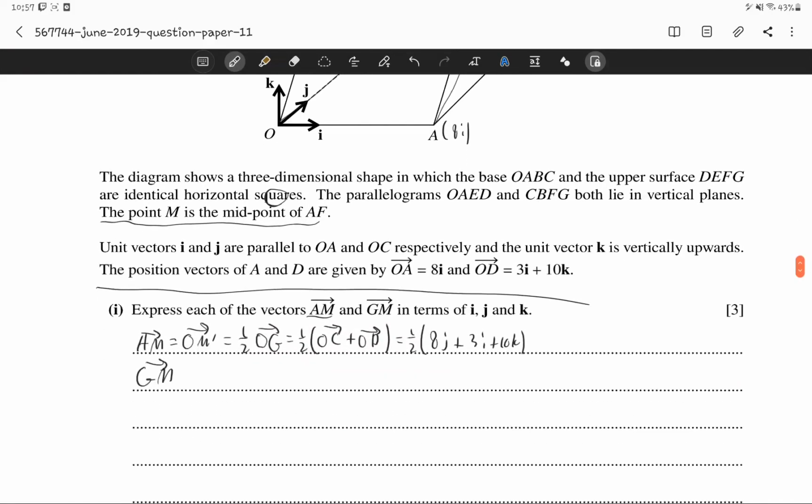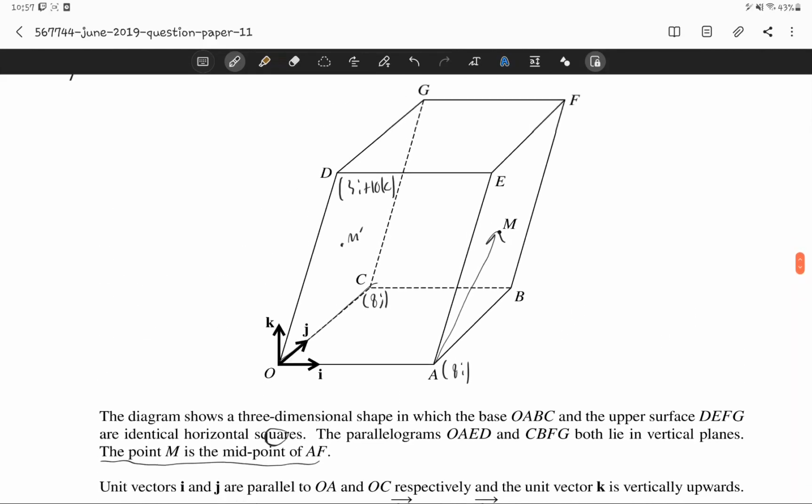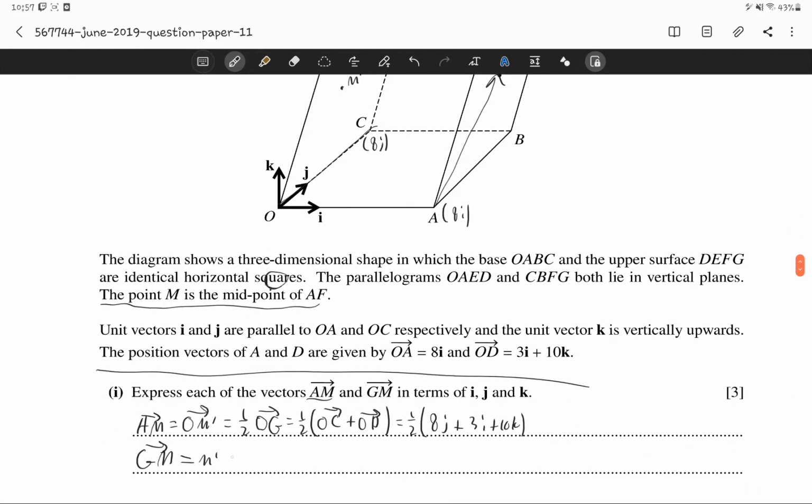Okay, yeah. So the vector GM is the same as vector M dash A, right?